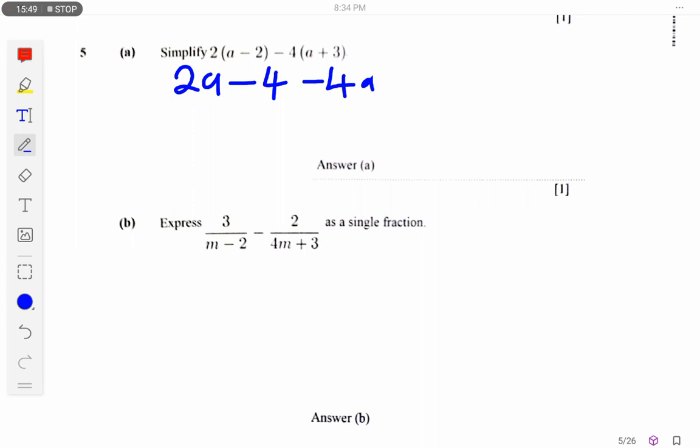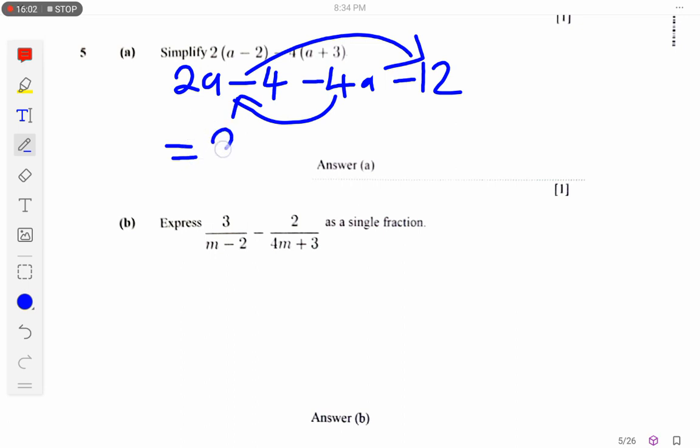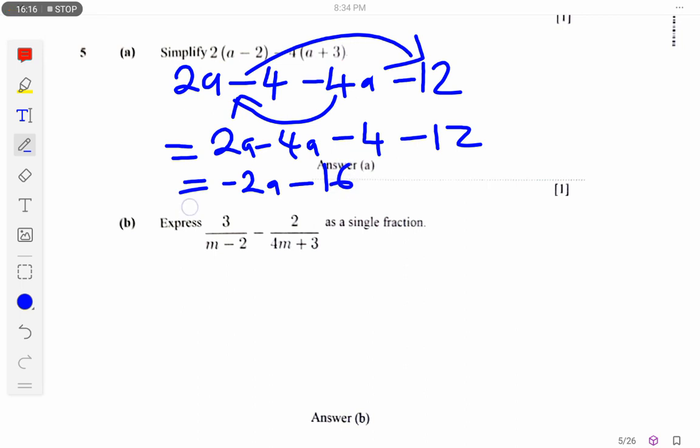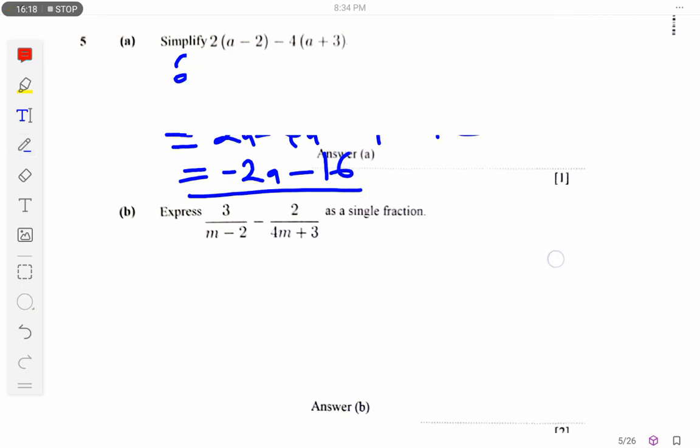Minus 4 times plus 3, we get minus 12 like that. Now we can take this one there, and then this we combine it with there. You find that we will get 2a minus 4a plus 4, then minus 12. Okay, so the final answer will be 2a minus 4a, we get minus 2a. Then plus 4 minus 12, that is minus 8 there. So that's the final answer for that question.